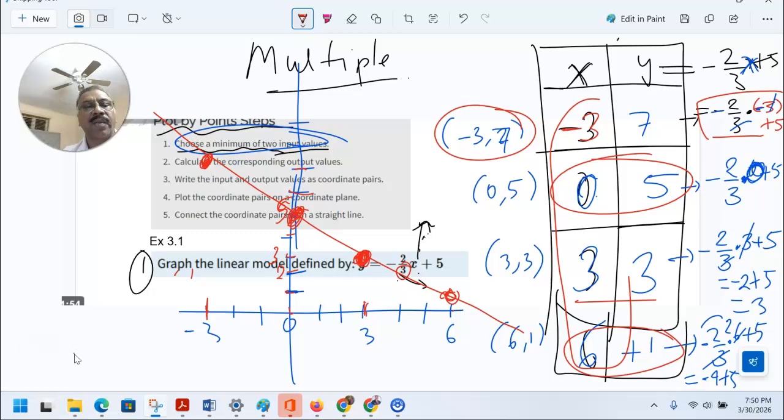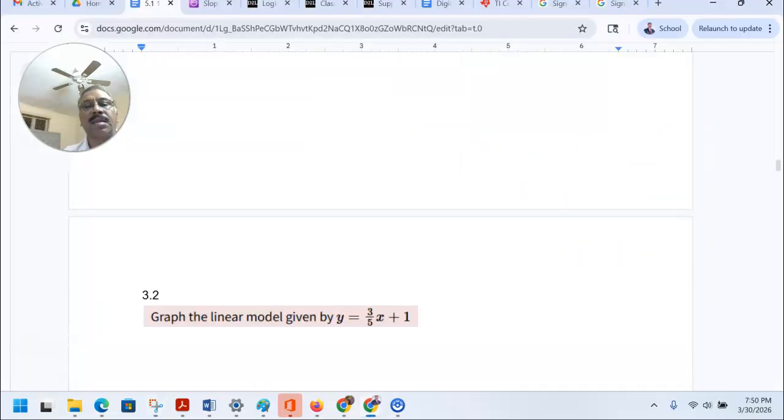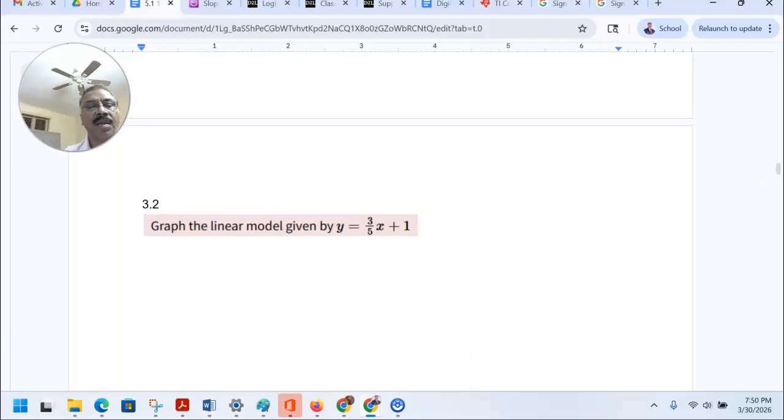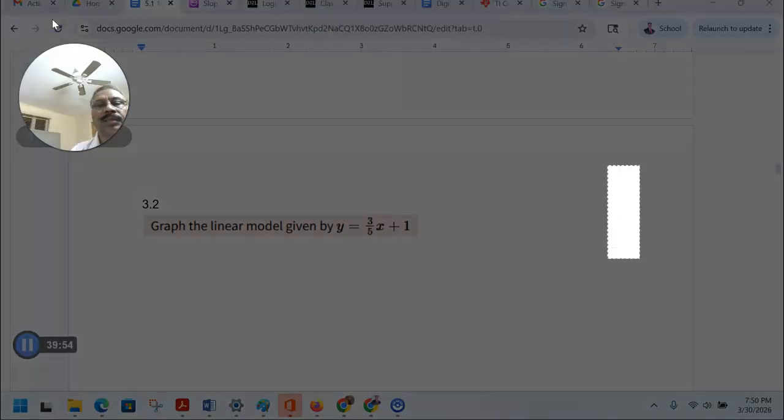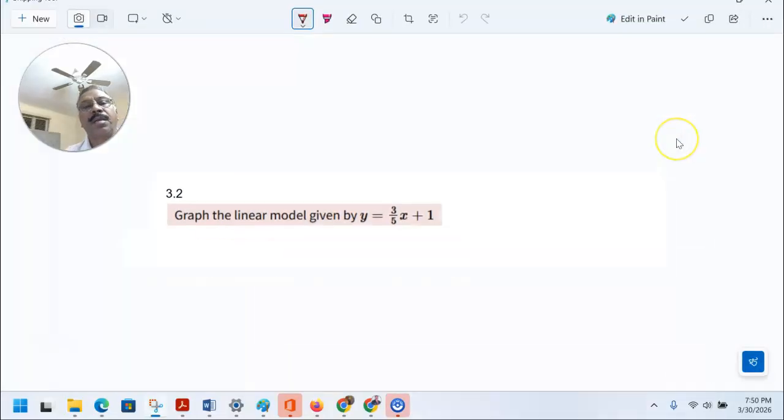If you see the next question, this one has 5 in the denominator, on your packet. So what I'm going to do is make a table, or you don't have to make a table.